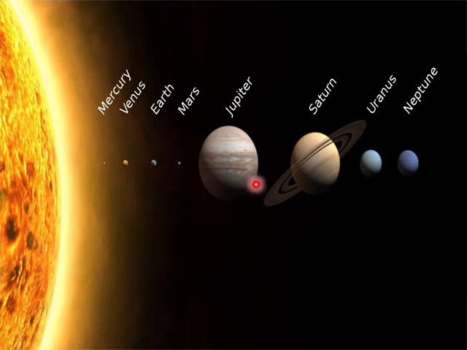And here you can see the larger planets. These are also four: number one is Jupiter, number two is Saturn, number three is Uranus, and number four is Neptune. All of these small and larger planets, or inner and outer planets, circulate around the Sun.